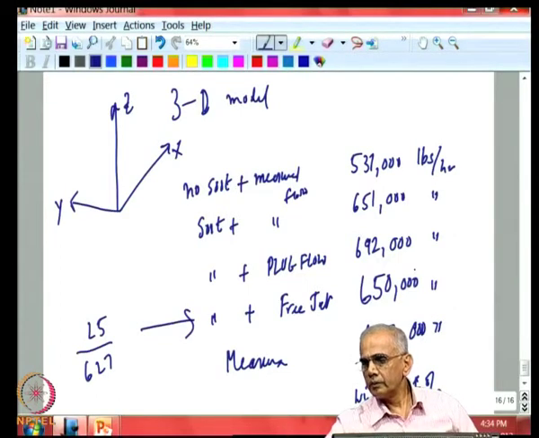So, we have given some idea about how furnaces are modeled in the real world, and how simple ideas that were discussed in the last lecture are useful to interpret the results of real furnaces.